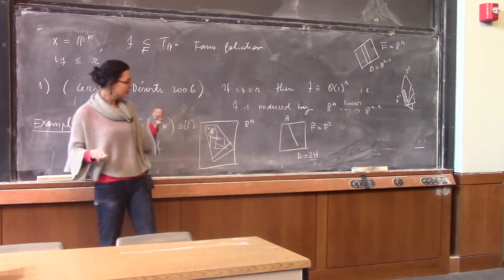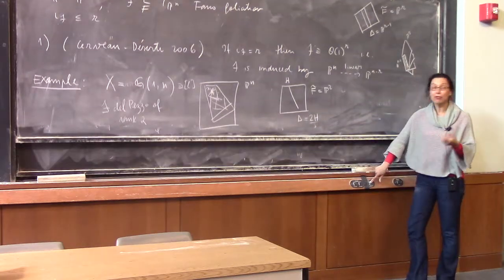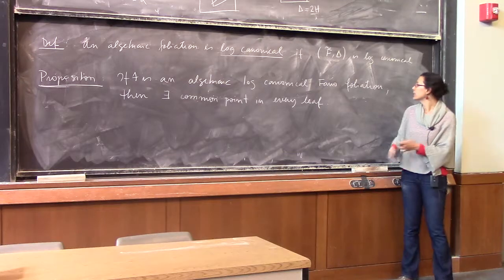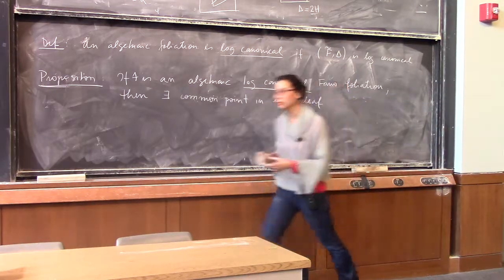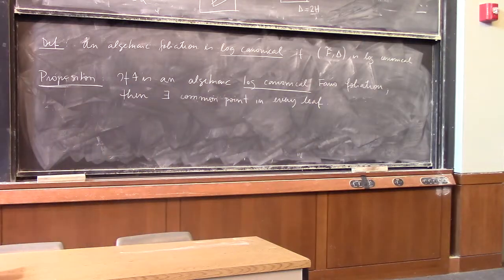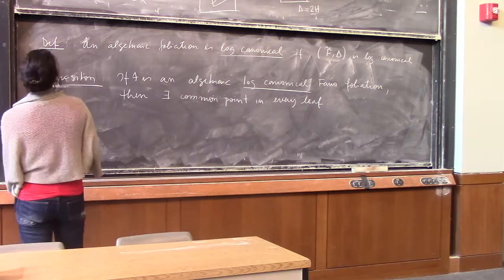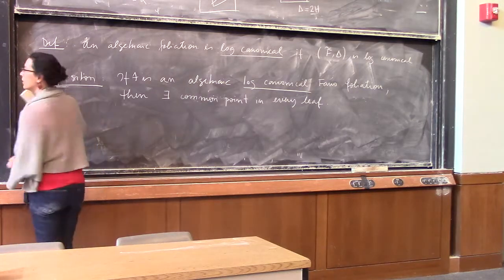So this existence of a point in the closure of every leaf really needs the log canonical condition. Okay, I guess I don't have much time, so can I have 5 minutes more? Now that I gave you the ingredients, I would like to sketch the proof.